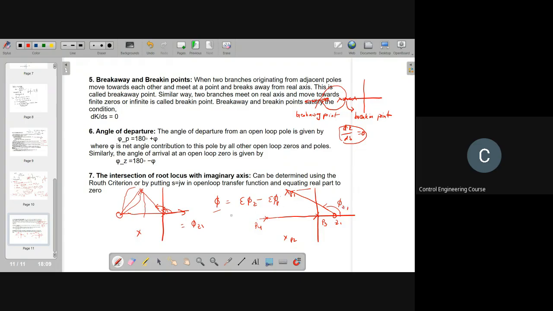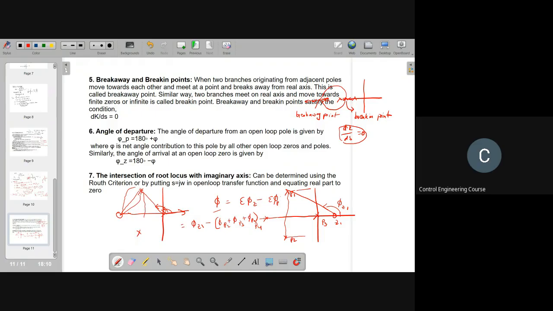Then the sum of the angles contributed by all other poles except P1. That means phi P2 plus phi P3 plus phi P4. For example, how do you calculate phi P2? P2 is perpendicular, right?